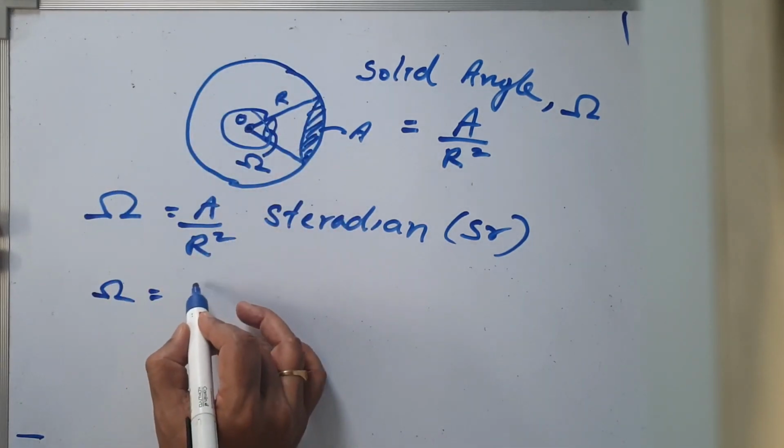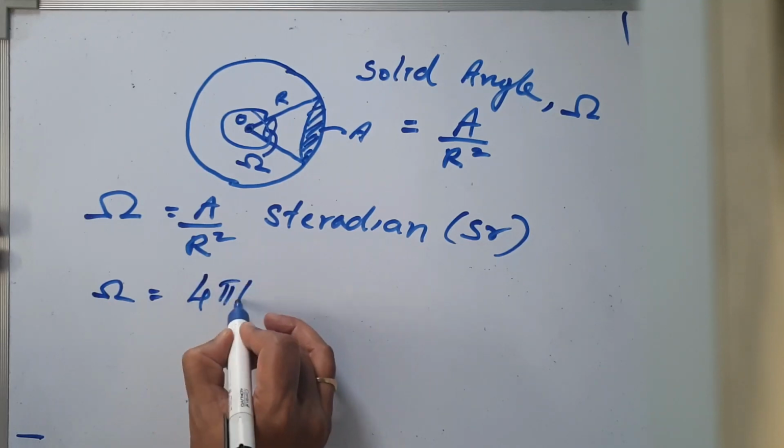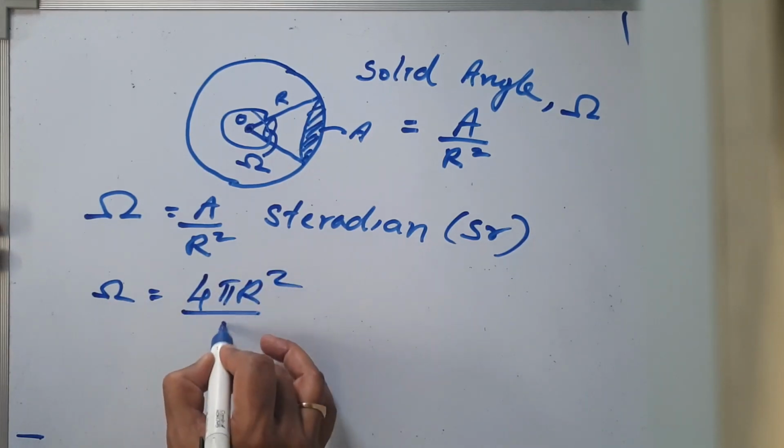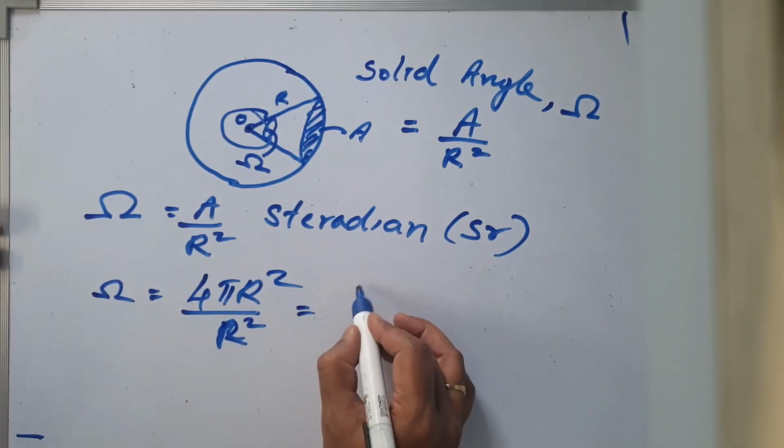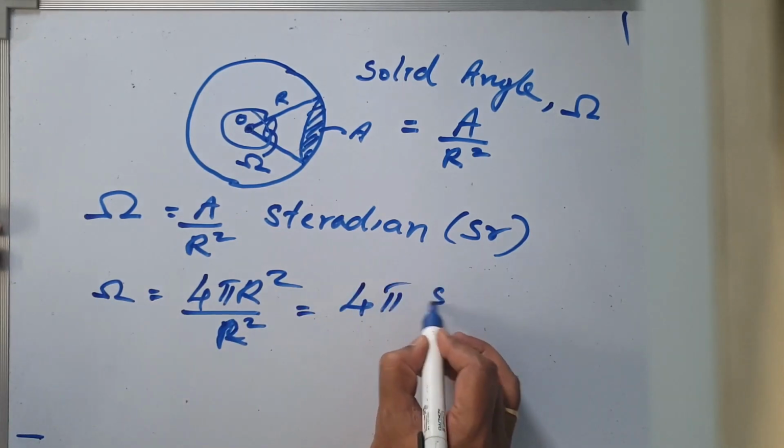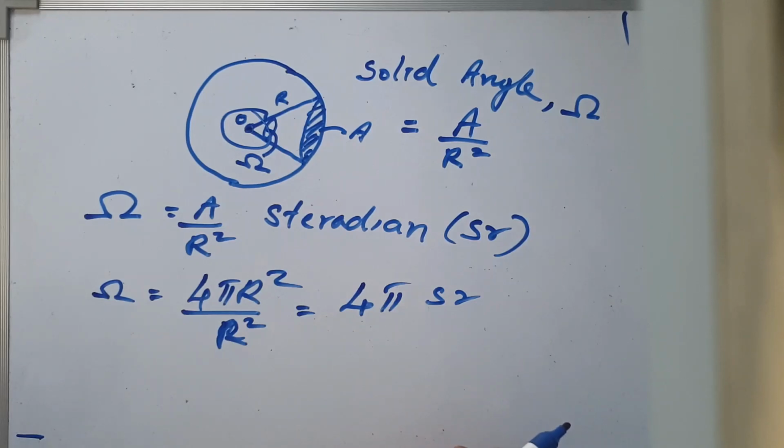What is the total surface area of the sphere? 4 pi r squared divided by r squared, which is equal to 4 pi steradian. So solid angle is understood, and its SI supplementary unit, steradian.